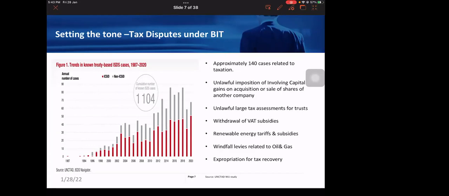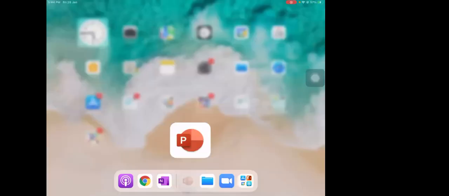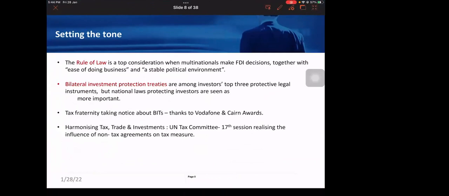Then there have been cases on withdrawal of VAT subsidies, a large number of issues on energy tariffs, windfall levies related to oil and gas, and expropriation for tax recovery. So the point is, we have always had tax disputes under BITs, and it is not a new phenomenon because of Vodafone or Cairn.